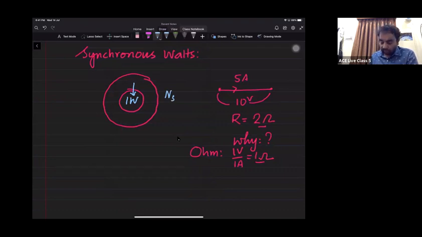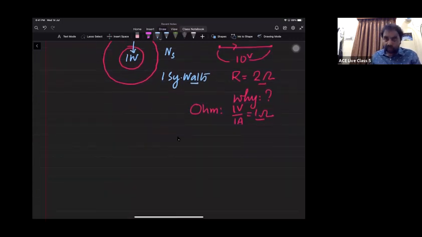Then I can say this machine is developing a torque of 1 synchronous watt. So can I say a 3-phase induction motor is said to have developed 1 synchronous watt of torque if a power of 1 watt is coming from stator to rotor when the field is rotating with synchronous speed? So what is the definition for synchronous watt?